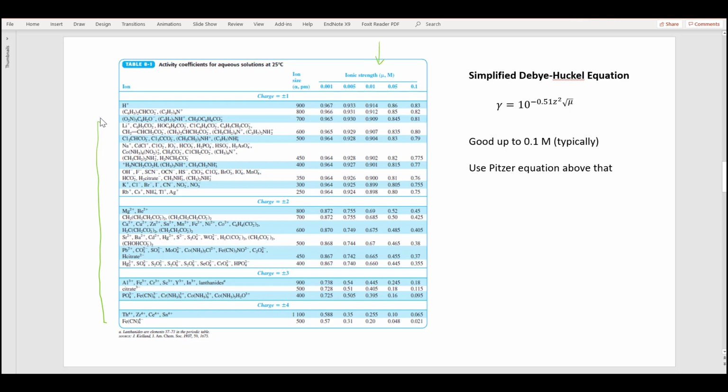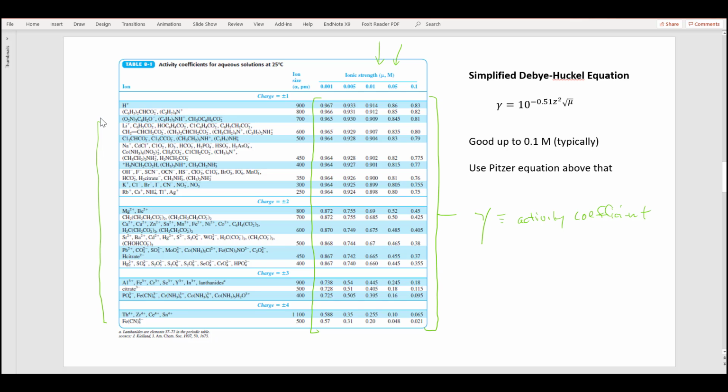And the values in the table here that are all between 0 and 1, these are all the gamma. These are the activity coefficients for those different ions. This is a nice convenient table because it doesn't require any math. And so if you're working with concentrations that are nice round numbers, like 0.1 all the way down to 0.001, then you can look into this table and grab those really quick.